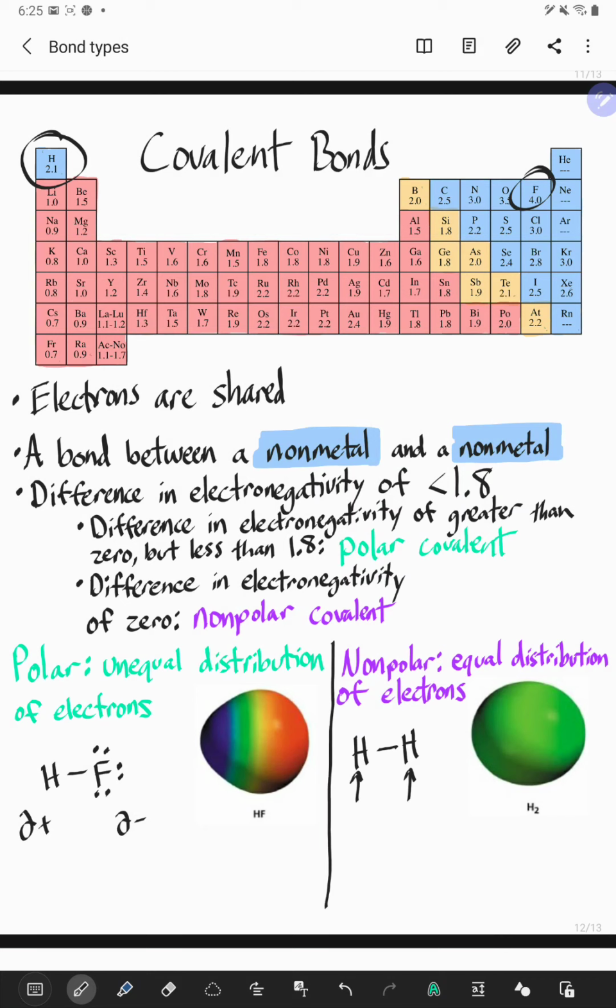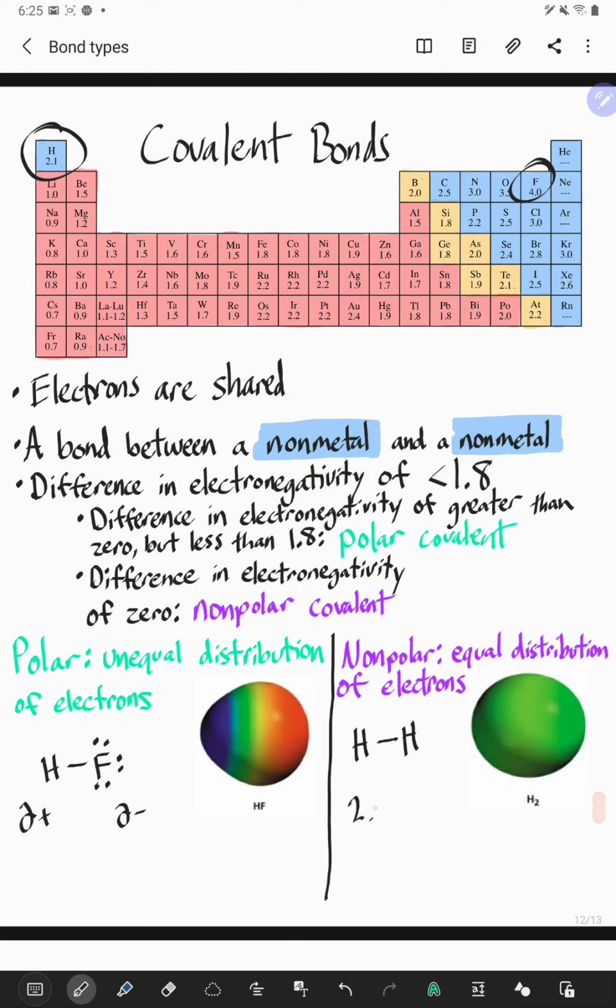So the electrons in this bond between the two are completely evenly spread out, because the way that we determine how they're going to be divided up, whether we get more on one side or the other side, is determined by the difference in electronegativity. But since there is no difference, hydrogen's electronegativity is 2.1, and 2.1 minus 2.1 is 0. So if we have no difference, then there's going to be an equal spread of electrons.